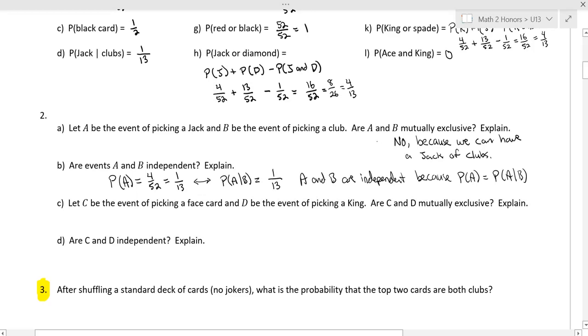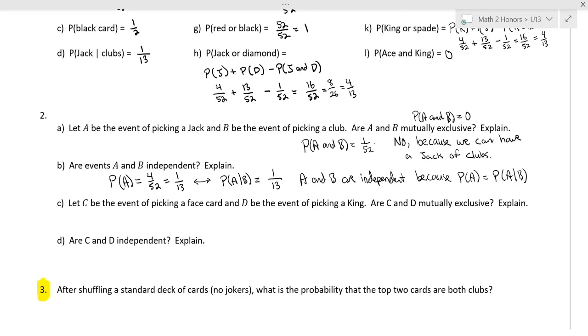To check if it's mutually exclusive or not, remember mutually exclusive means that the probability of A and B equals 0. And what we found is that the probability of A and B is 1 out of 52. It's not 0. And so that's another reason why A is not mutually exclusive.